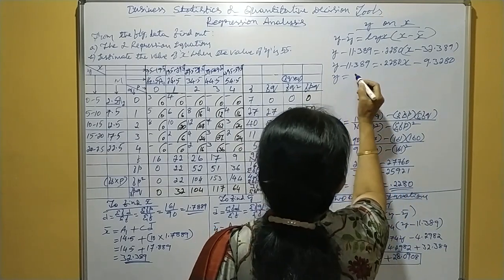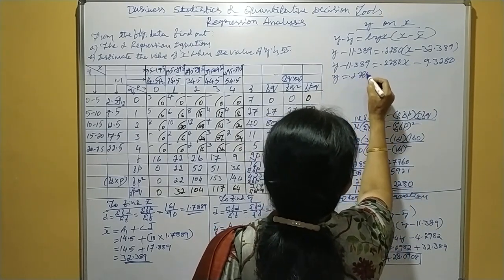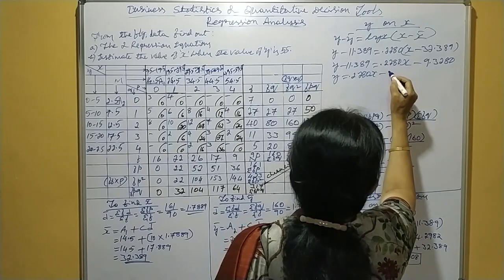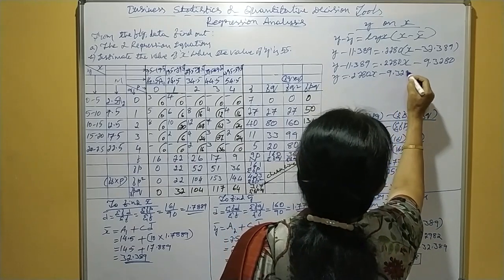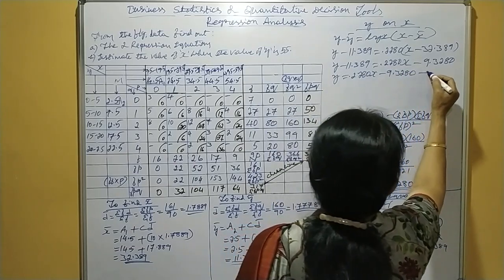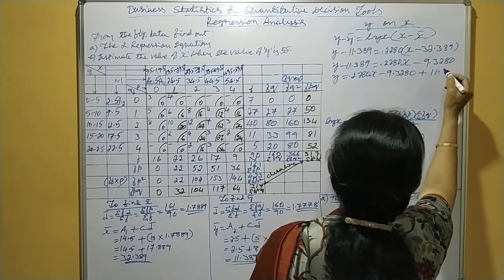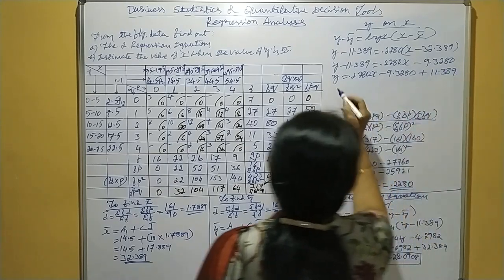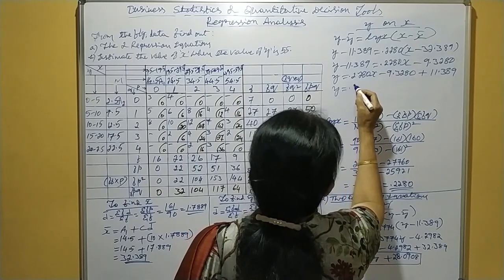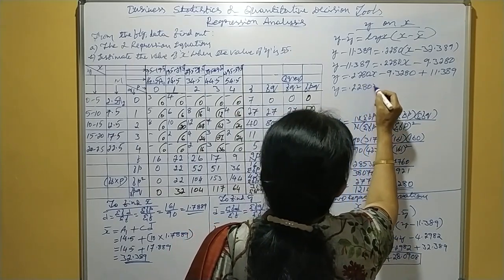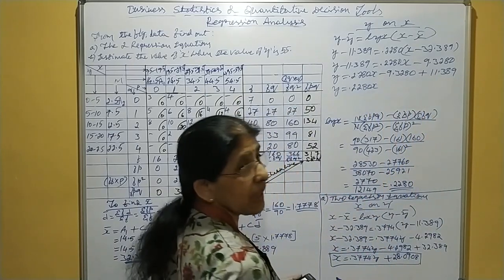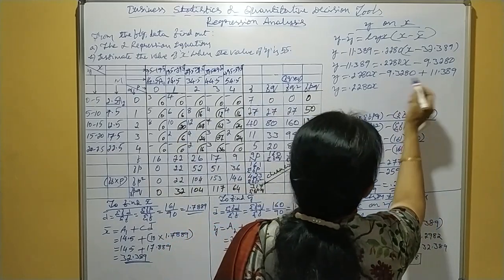Now y equals 0.2280x minus 9.3280. This minus will become plus 11.389. Y equals 0.2280x. One is minus and another one is plus sign. Take the difference.